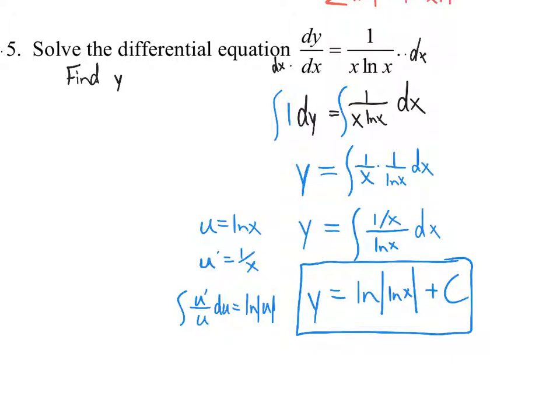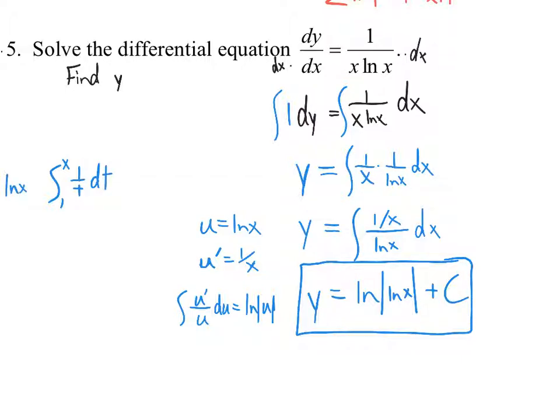How do you know the derivative of ln x equals 1 over x? That was one of the rules that we had learned, based on our definition of the natural log as the integral from 1 to x of 1 over t dt. That was ln of x.